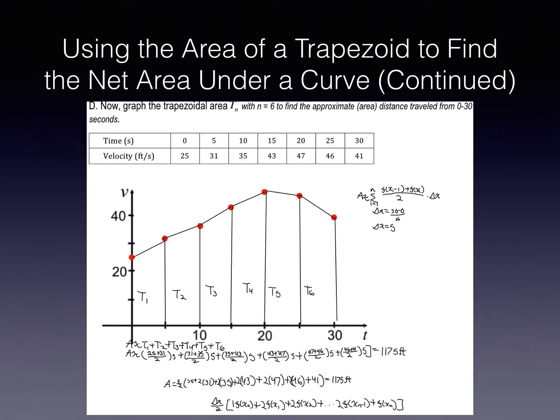We're going to continue to do this over the entirety of the graph that we have, with all of the trapezoids listed as T1, T2, T3, T4, T5, and T6. When we add all of the areas of the trapezoids, we get a grand total of 1,175 feet.